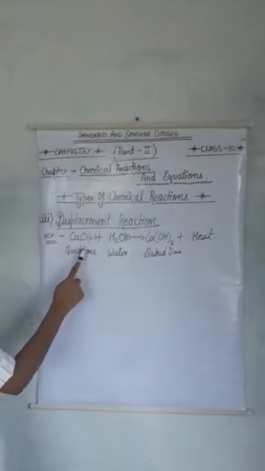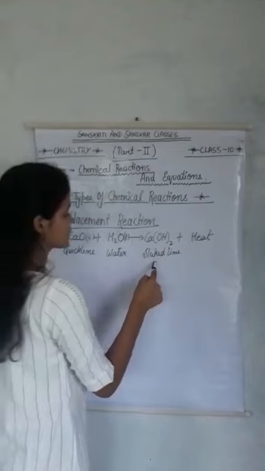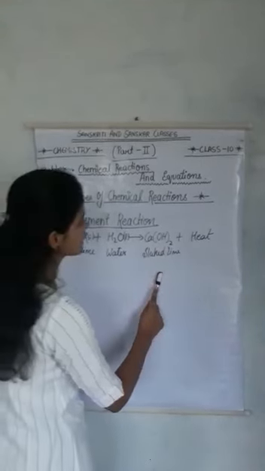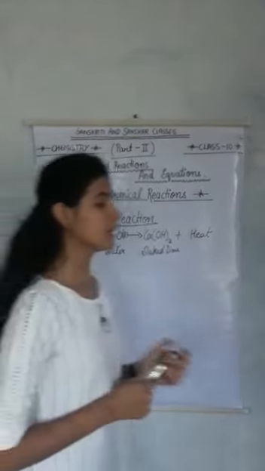Here calcium displaces hydrogen. So quicklime, calcium oxide, plus water gives slaked lime, also known as calcium hydroxide, and heat is evolved.